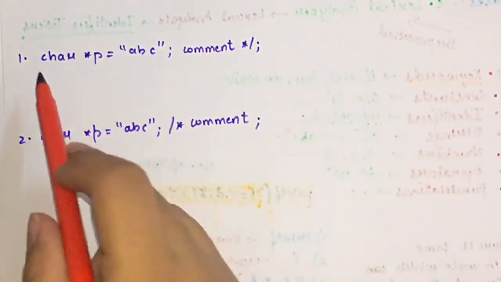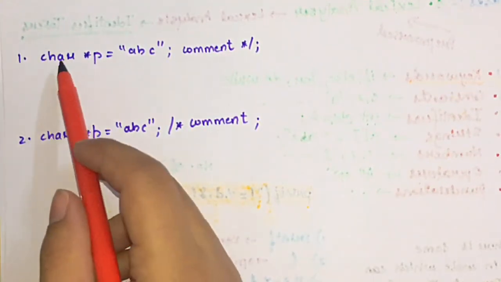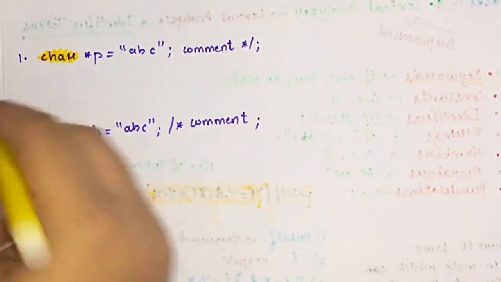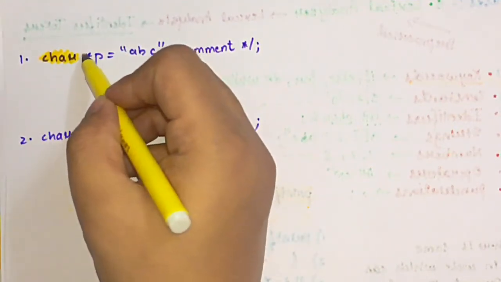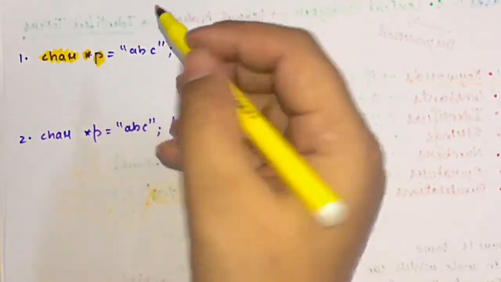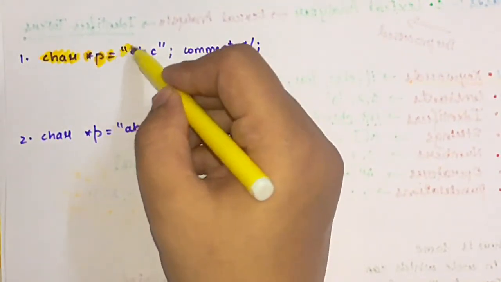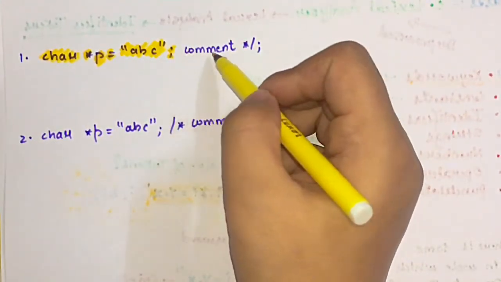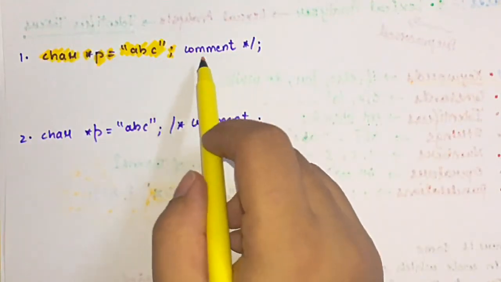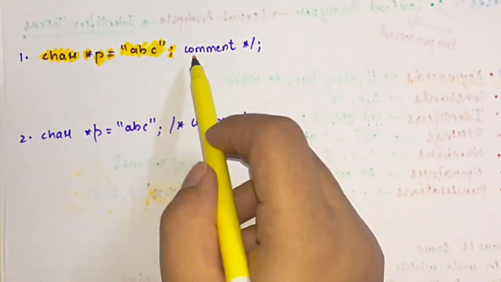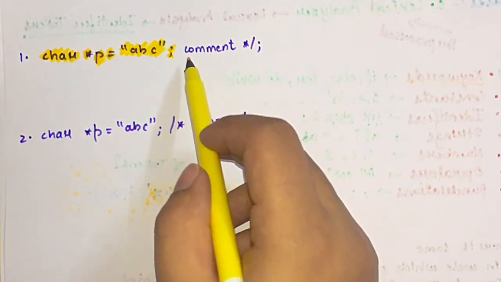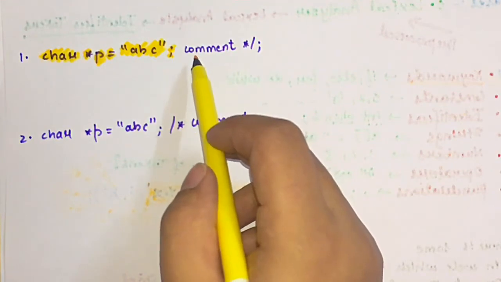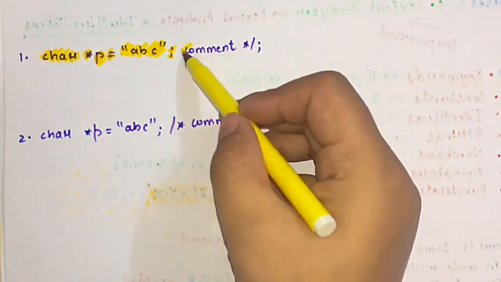Just start reading from the first word, char. It will be considered a keyword, one token. Asterisk, operator. P, identifier. Operator. Whole string, token. Punctuation. Comment. Now the doubt is here: what will happen when it encounters comment? Basically, comment will be considered an identifier by the lexical analyzer, hence this can also be classified as a token.